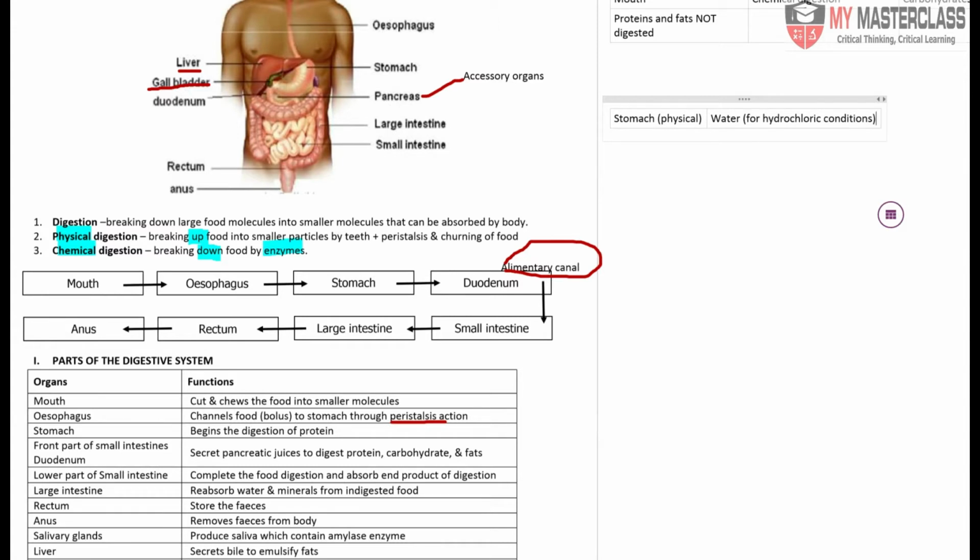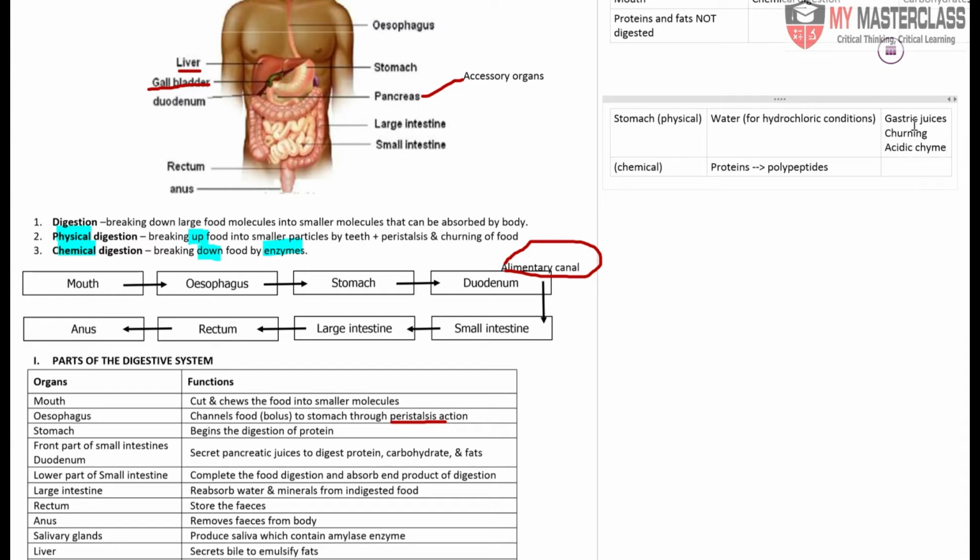The stomach also contains gastric juices. In terms of chemical digestion, it digests my proteins into polypeptides. Once it is digested into polypeptides, the stomach also enables churning. Churning is also part of the physical process. At the end of churning, you will get a substance called acidic chyme.